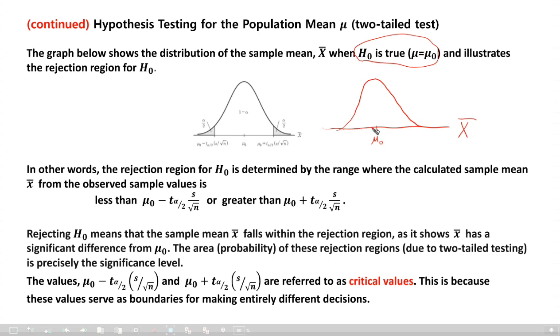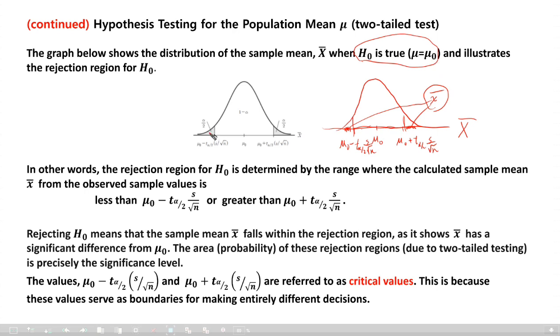So there are many small x's here, but mu 0 minus t alpha over 2 s over square root of n, that much, and mu 0 plus t alpha over 2 s over square root of n, this distance, far away here. If you realize the sample mean x bar lies in these areas, then you may decide that the sample mean you obtained is far away from mu zero.